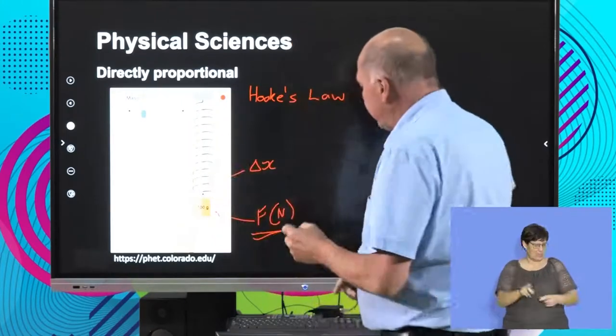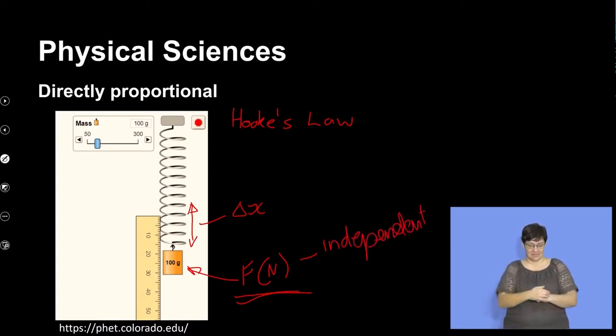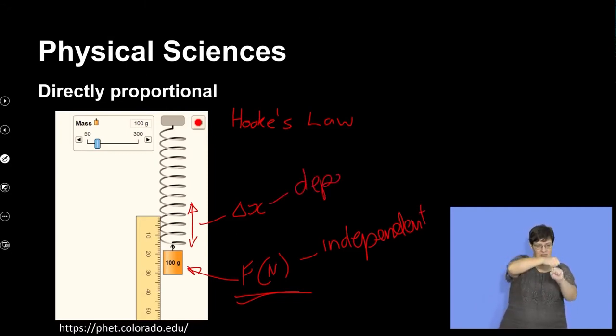Have a look at it carefully. The force was applied and it caused the spring to stretch. So that tells me that the force is actually the independent variable, and the stretch is going to be the dependent variable.